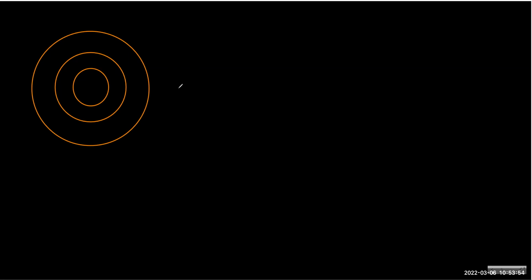Bohr said no, only those electrons are permitted who can keep their energy fixed. If we have this nucleus and an electron here, this orbit represents one energy value. If you go to the next level, this is a new energy value, and so on.